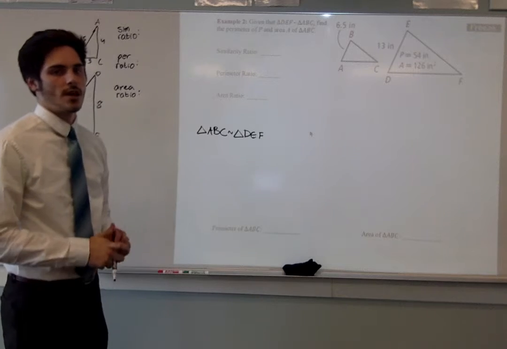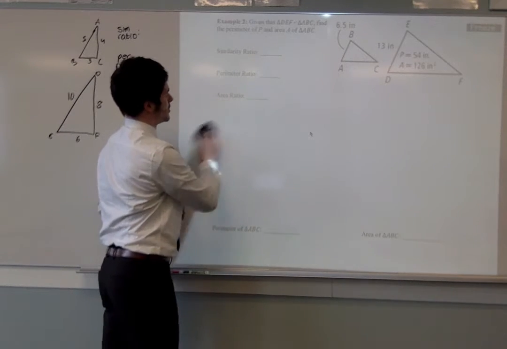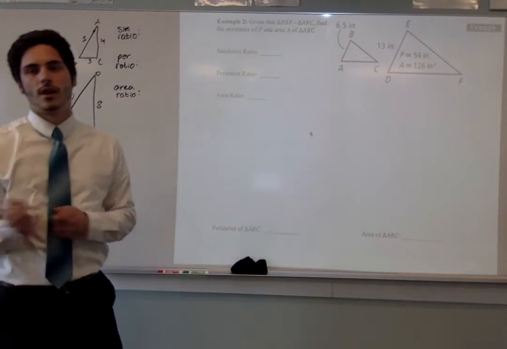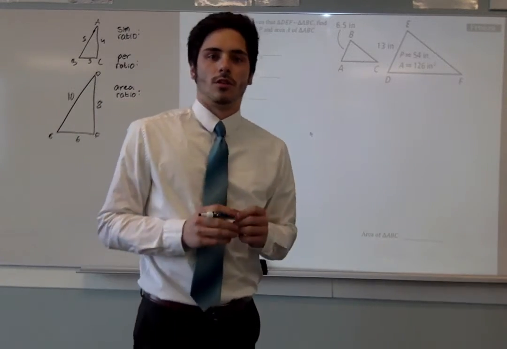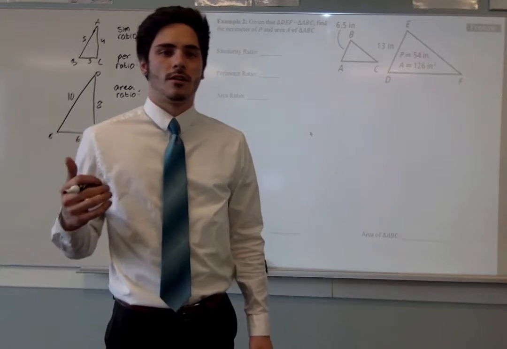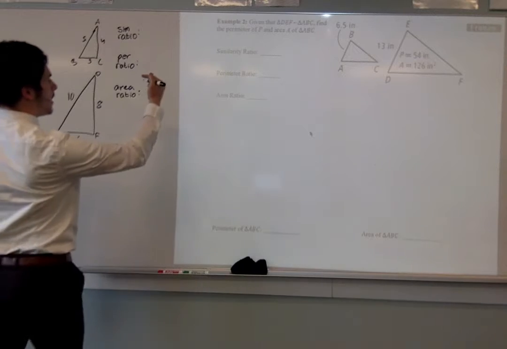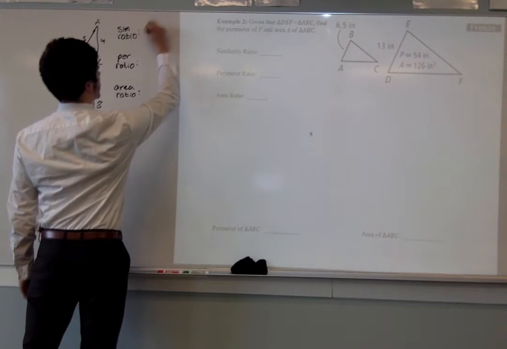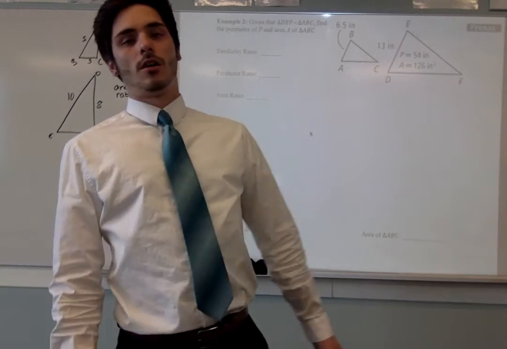So since it says that, we can use proportions to find the similarity ratio, and if we do any of the proportions of the corresponding legs, like 5 over 10, that's AB over DE, 5 over 10 will give us 1/2, so the similarity ratio is simply going to be 1/2.